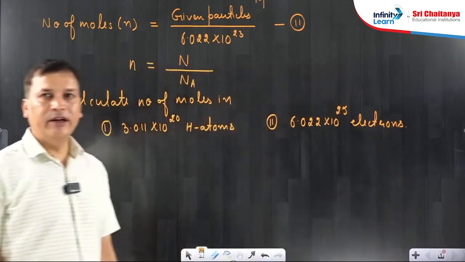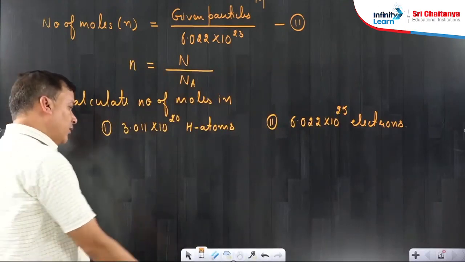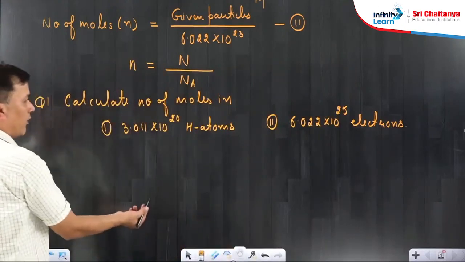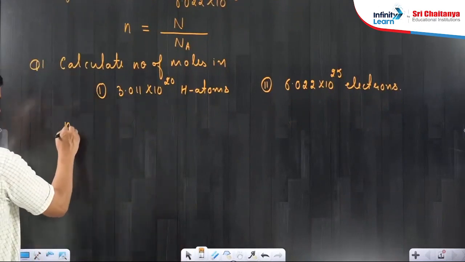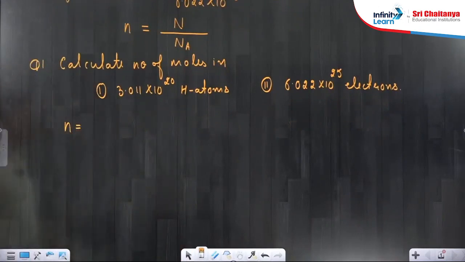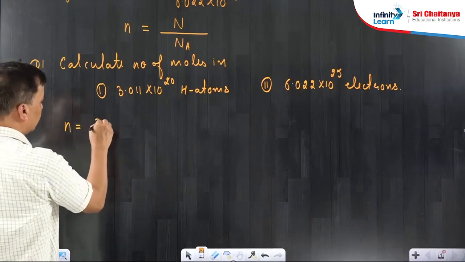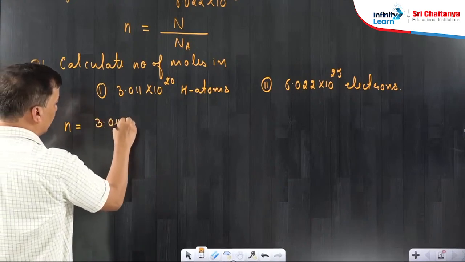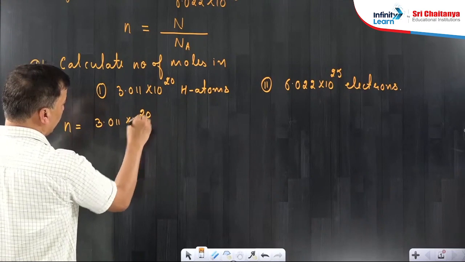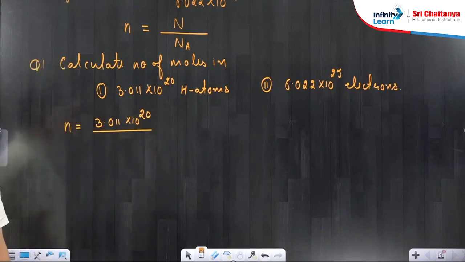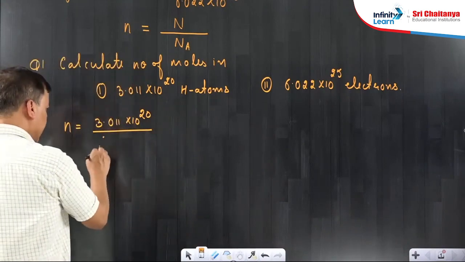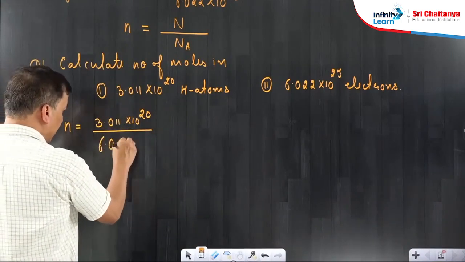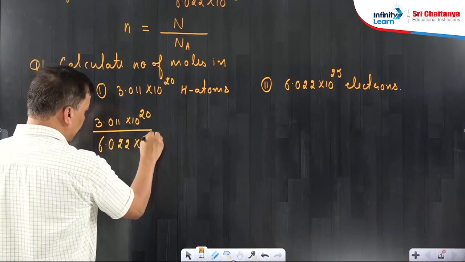My dear student, please tell me what we are finding out. We are finding out the number of moles. So number of moles, here the given number of particles is 3.011 into 10 raised to power 20 divided by Avogadro's number. And what is Avogadro's number? This is 6.022 into 10 raised to power 23.